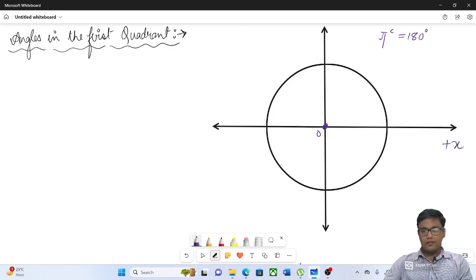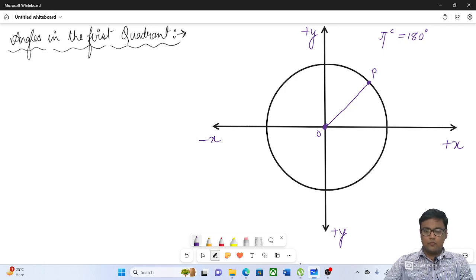Before that, let us label the directions of these axes. Now, angles in the first quadrant, I have a quadrant here, but in order to make an angle, I have to draw a ray, a line segment that terminates on the circumference of this circle.